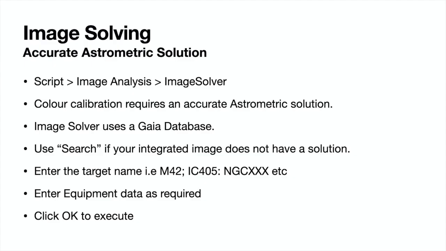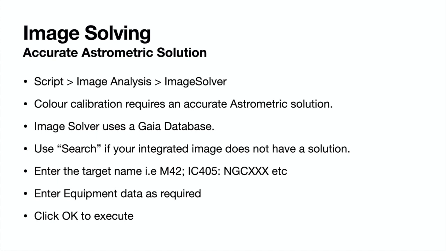We will now move on to image solving to provide the image with an accurate astrometric solution. The script processes are found next to the process on the menu, and you go to Script, Image Analysis, Image Solver. Color calibration requires an accurate astrometric solution as it uses the colours or the spectrum of the stars contained in the Gaia database.